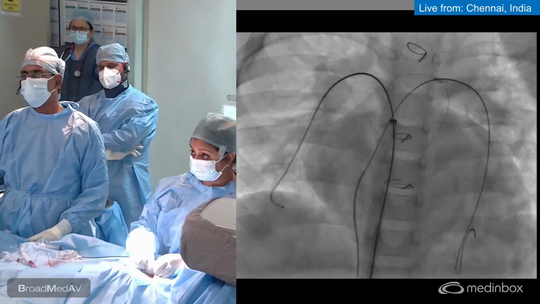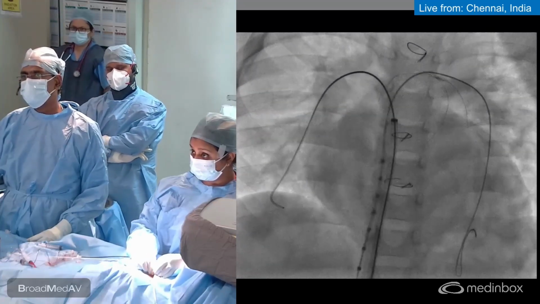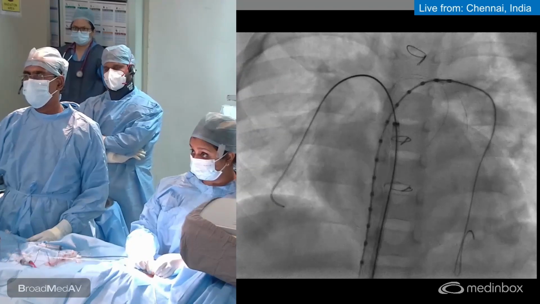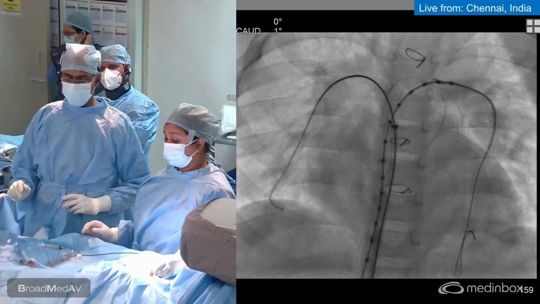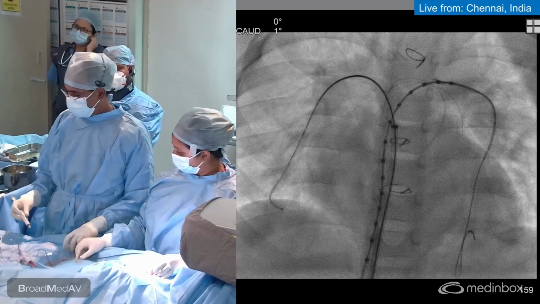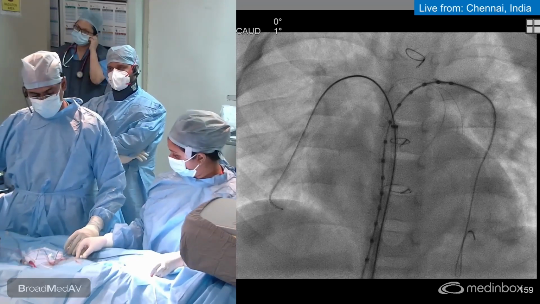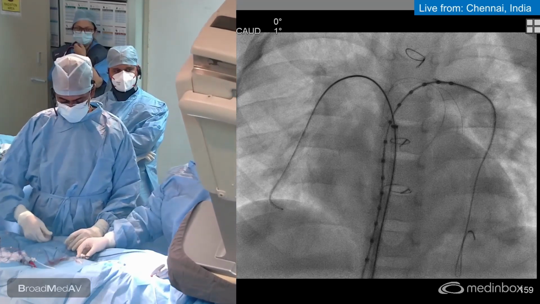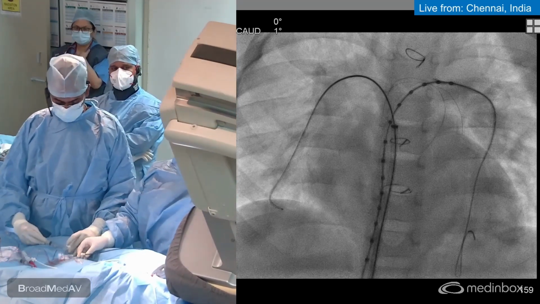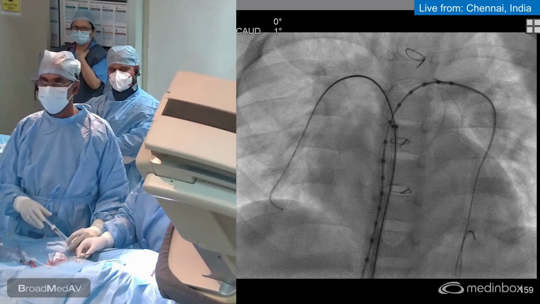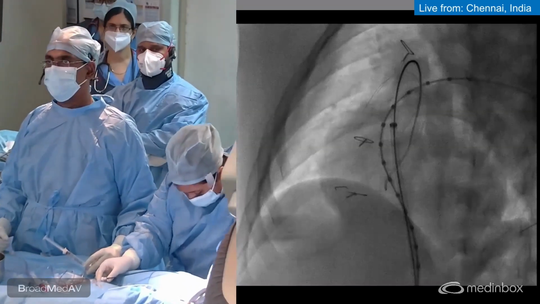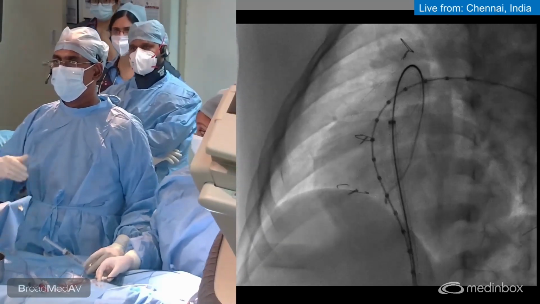So here what we are going to do is take this catheter all across the left pulmonary artery. We have gone deep into the left pulmonary artery. So at this point, I'm going to make a sheath angiogram. Can you go to the left anterior oblique view? Just without any cranial, just a plain left anterior oblique.